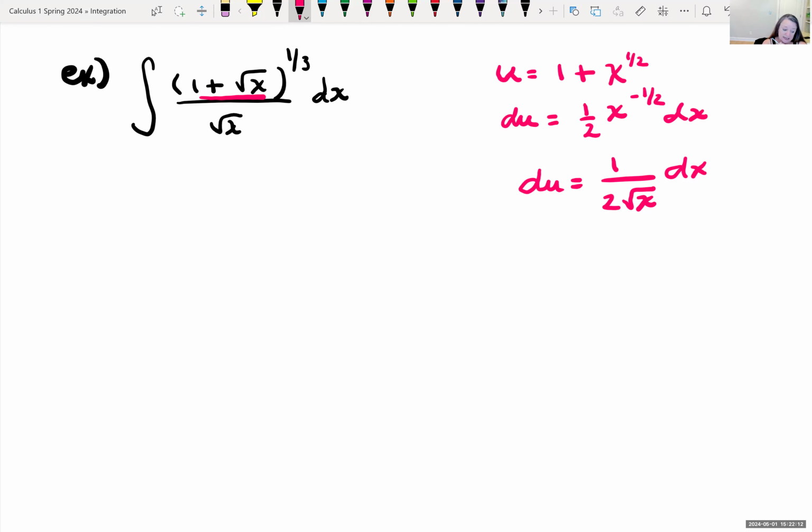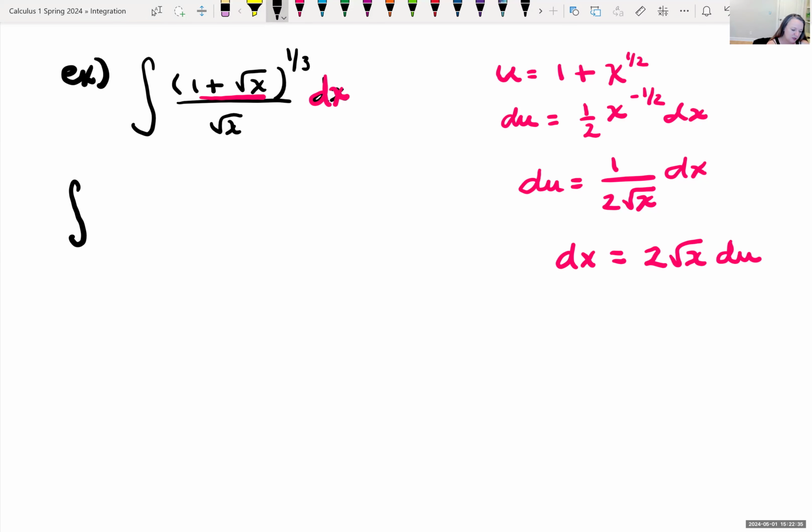So notice we can get dx by itself here by multiplying both sides by that 2 square root of x. So dx is the same thing as 2 square root of x times du. So let's go back and plug in what we have.